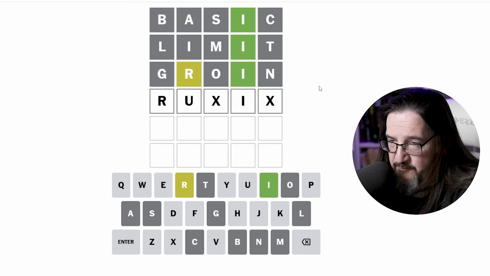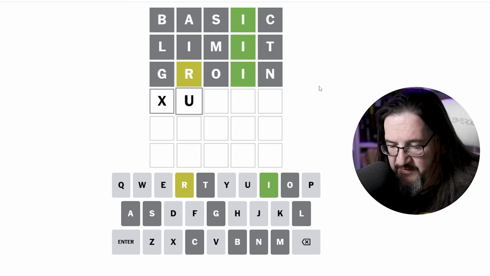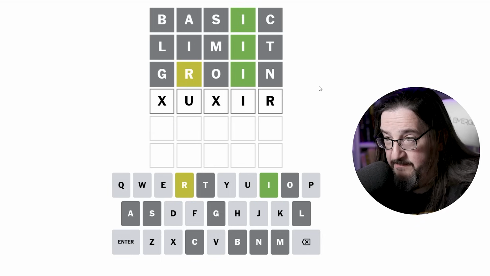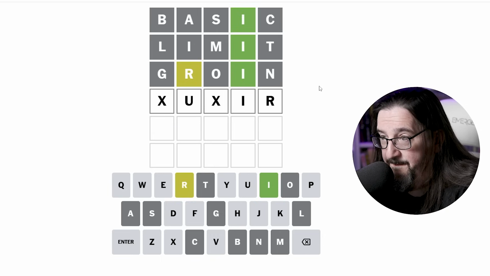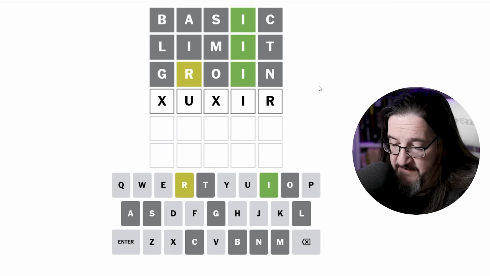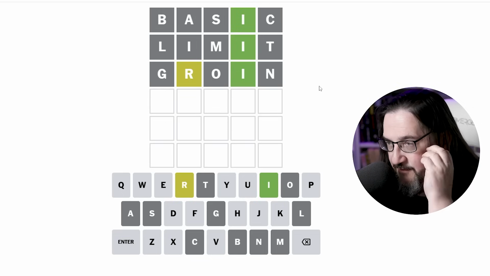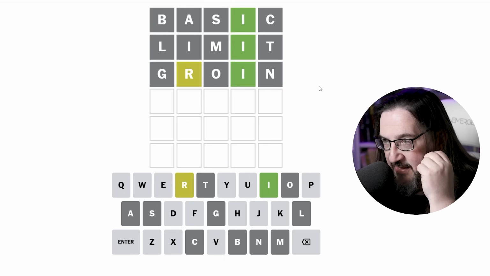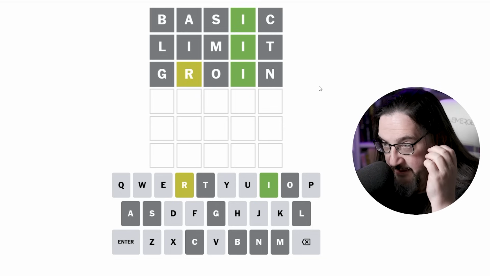I don't know that I want to necessarily jump right to that. What if I had a U and an I and an R here? If I was going to do that, right? Let's say if I was going to go with an eval word here, I think I want to nail down exactly where the R is, and to that end, I would want to work the U in.